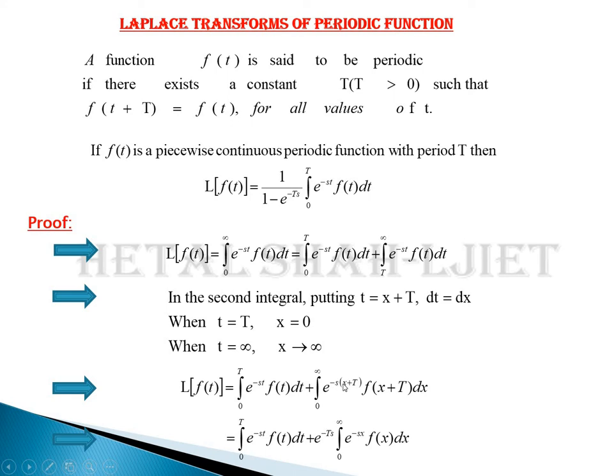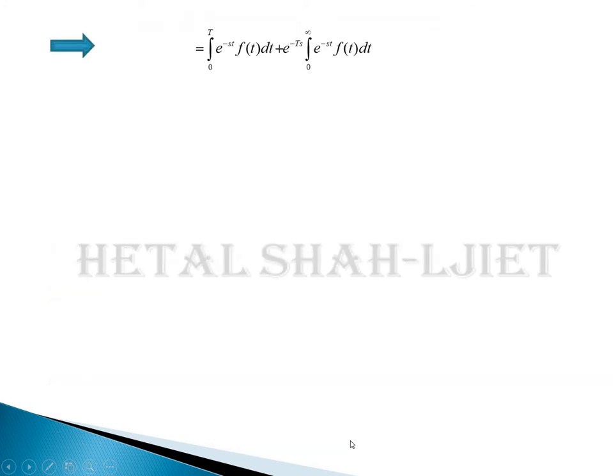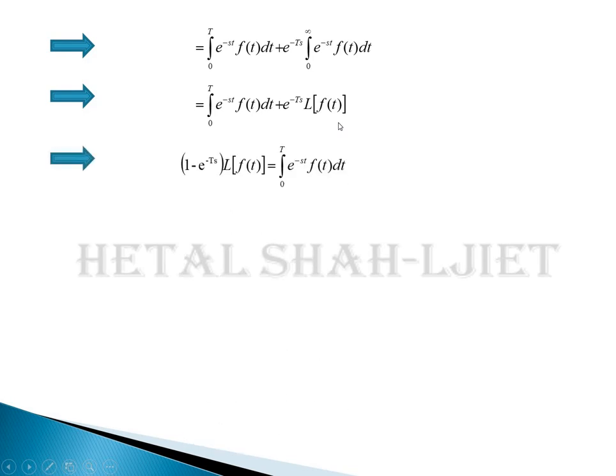And here e raised to minus sx into e raised to minus Ts. As e raised to minus Ts is a constant, we can put it outside the integral. Here we can write it as the Laplace of function of t.